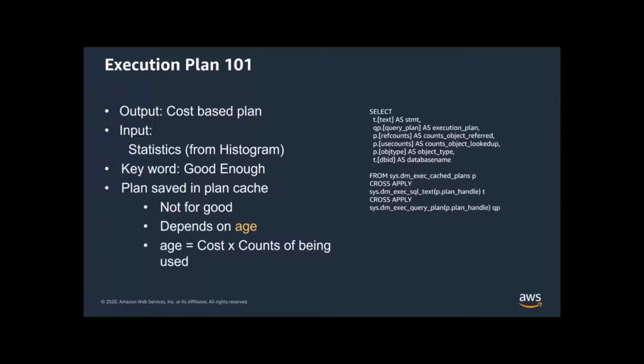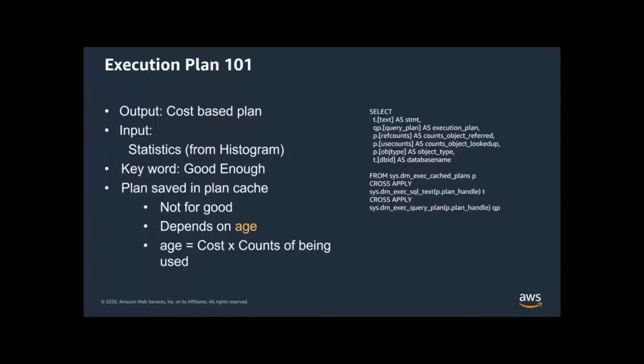As long as it considers the plan good enough, it will return it. So here the keyword is good enough, because when users submit a query, you don't want them waiting while it finds the best execution plan.